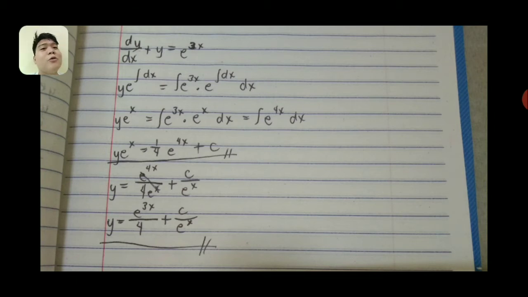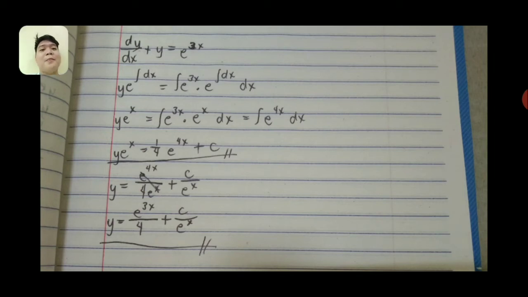So y times e raised to x equals the integral of e raised to 3x times e raised to x dx, which is e raised to 4x dx.